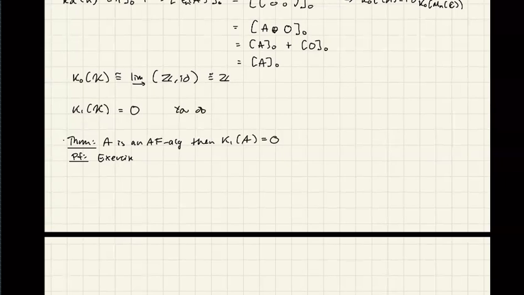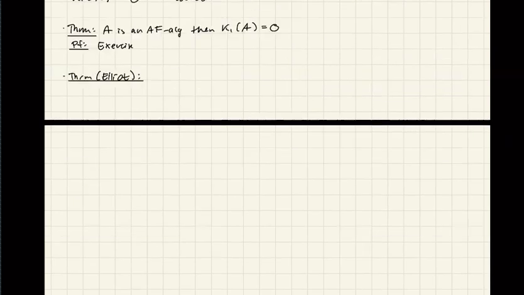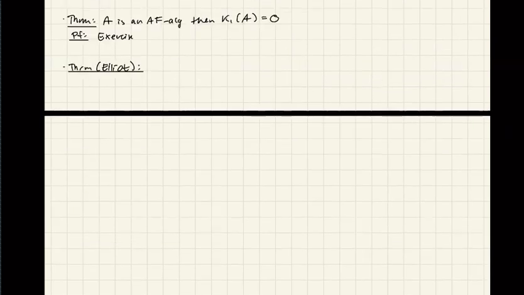So there's a really nice result for AF algebras and their classification that was proved by Elliott. So let's state that. There's going to be some things in here that will not make sense because we haven't talked about them. But I just want to write this out so that we can see that K-theory does have its perks in the classification land.